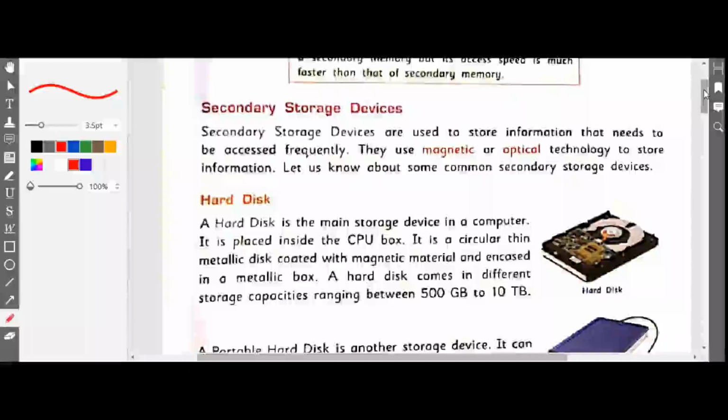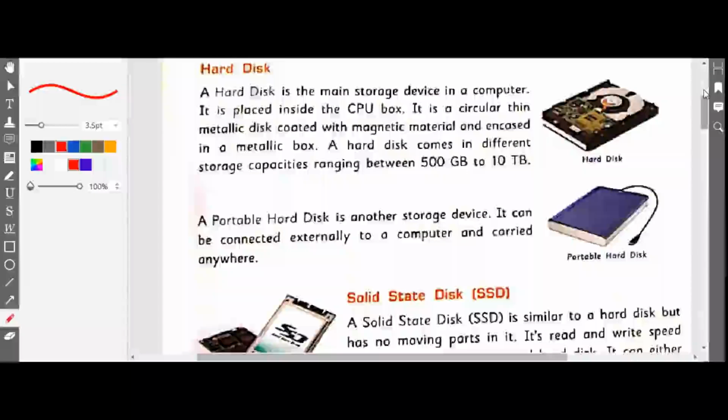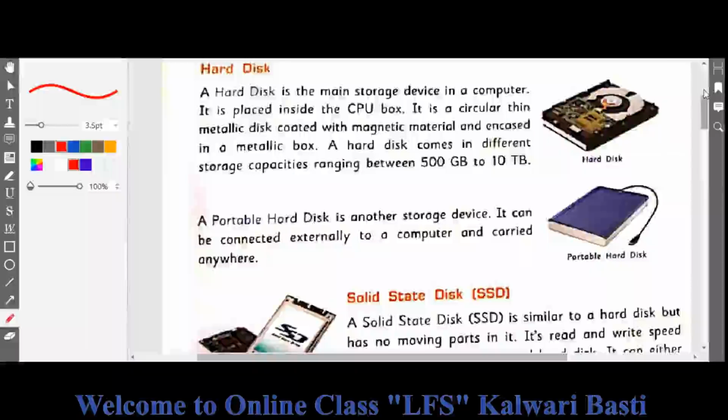You can say the hard disk comes inbuilt, attached with the computer, but you can also purchase a portable hard disk, which you can attach to the USB port to increase the storage size.